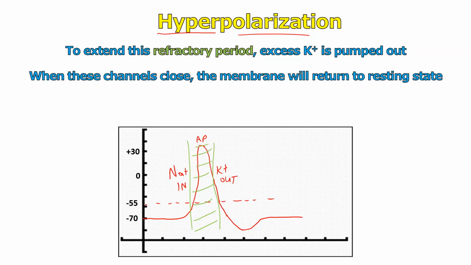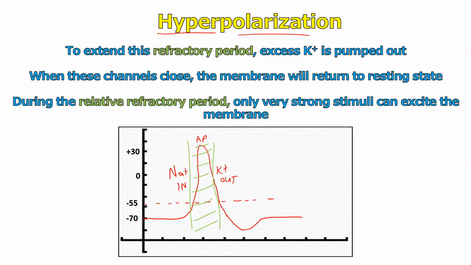And so when we're in this hyperpolarization phase, there's an additional refractory period that lasts all the way until we get back to a nice, beautiful resting state somewhere over here, called the relative refractory period in blue. And here you can stimulate that neuron again, but it's got to be a very strong stimulus simply because we are further away from resting than we initially started. And then we'll come back to rest.